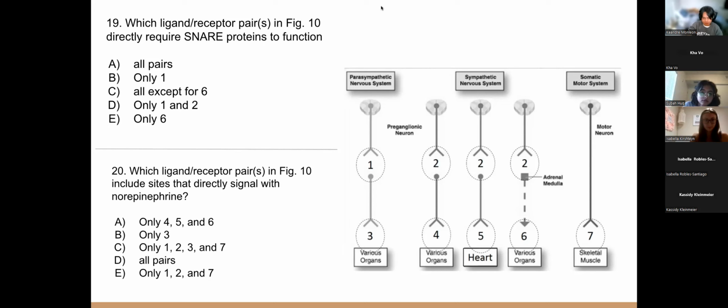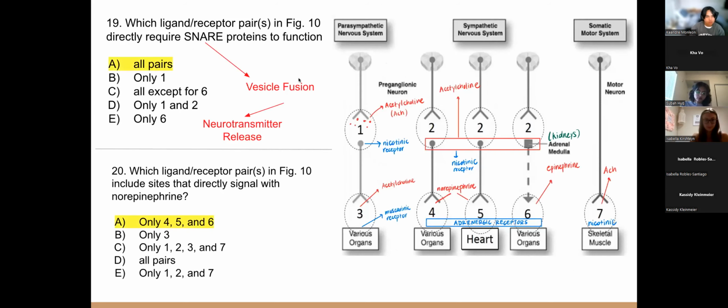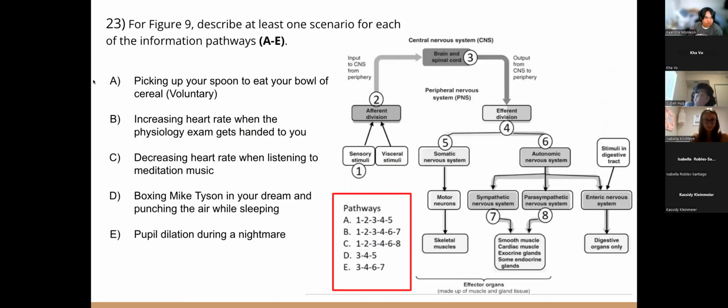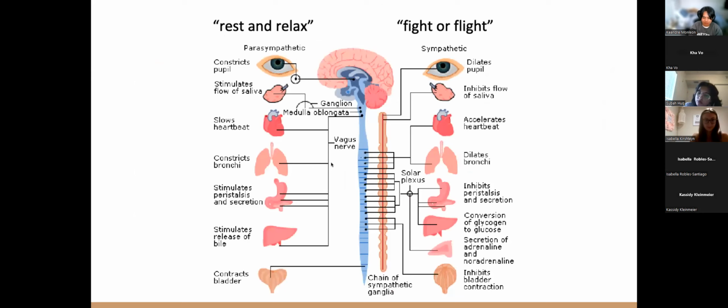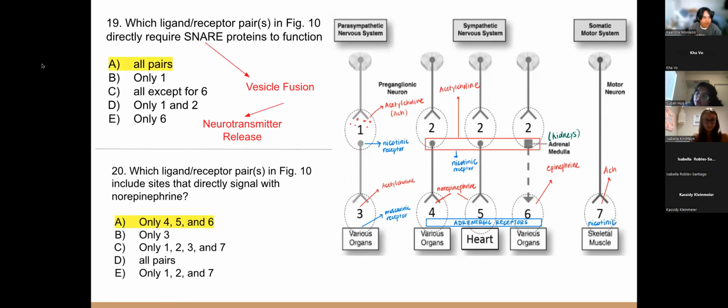All right, so for question 19, it's asking which ligand receptor pair in figure 10 directly requires SNARE proteins to function. With SNARE proteins, remember what they are actually responsible for. Sorry, one second. Okay, yeah.